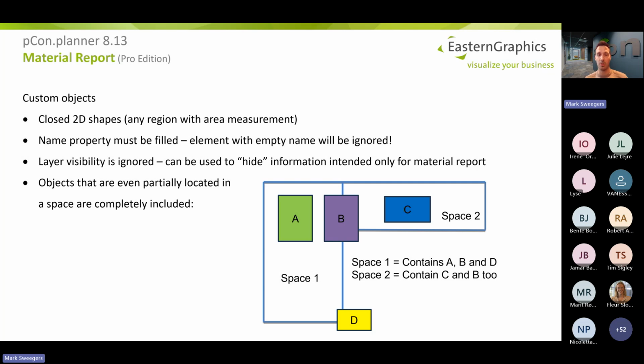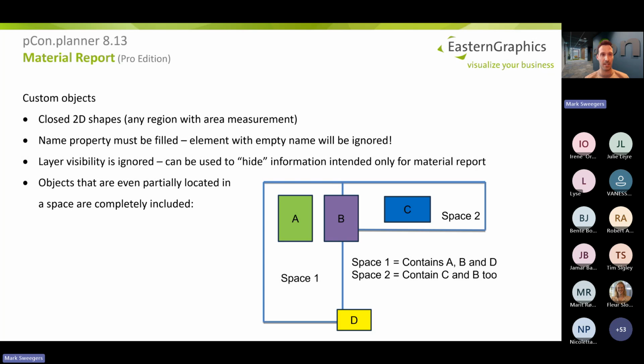As you can see in the example on the right-hand side, with space 1 and space 2, the Excel file will divide different spaces on different tabs: space 1, space 2, space 3, etc. In this example, you will see two different spaces with an architecture element A that fully belongs to space 1, C that fully belongs to space 2, and B that has an overlap, which will be taken into account in the approximation in both space 1 and space 2. So that's how it's done.